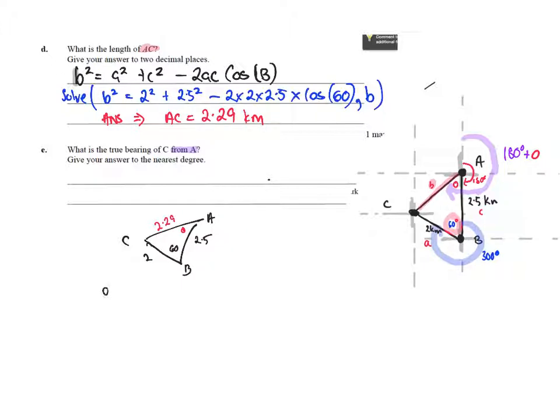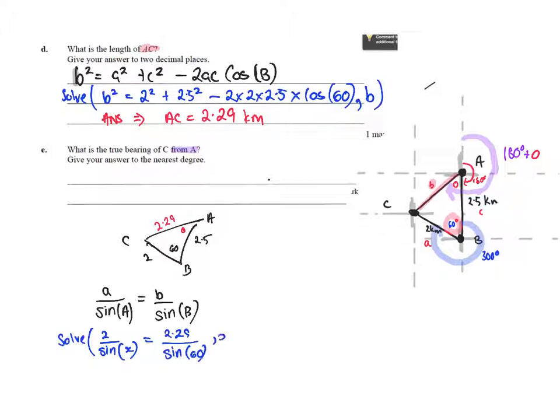So I'm going to say little a over sine A equals, and I'll use another one I've got, which is b over sine B. Okay, so into the calculator you'd have solve, little a is 2, angle A is what I want to know, B is 2.29, sine 60, comma x.